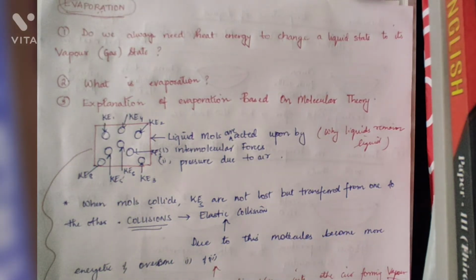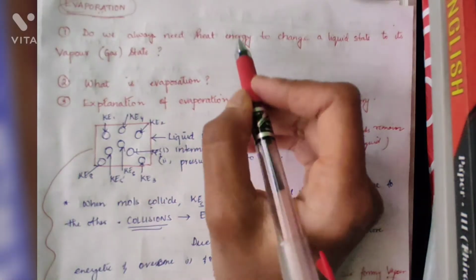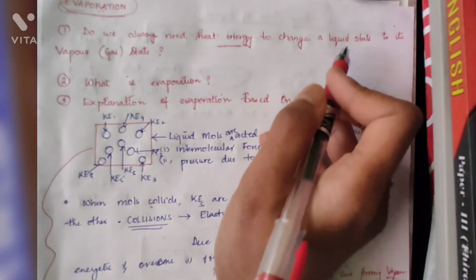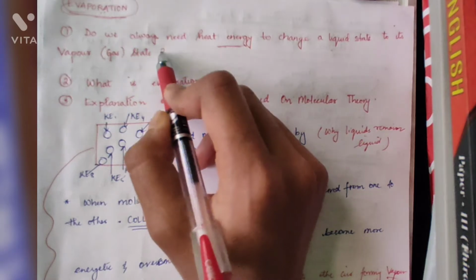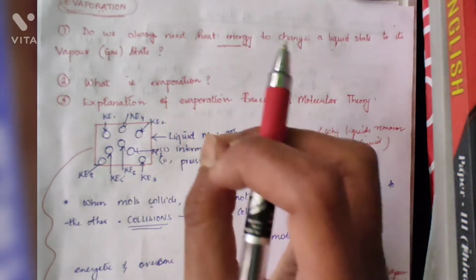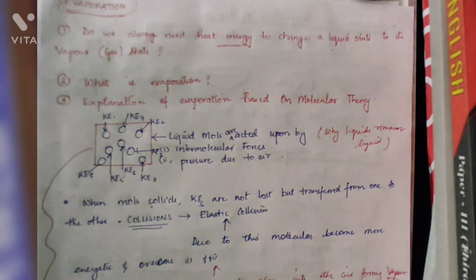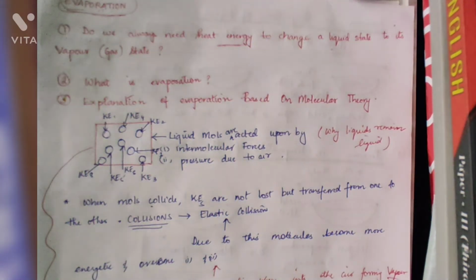So sometimes heat energy is not required to change liquid state into vapor state, unlike last class, where we always had to switch on the Bunsen burner, apply some heat, and only then did the liquid change to gas, right? However, there are some examples in which liquid changes into vapor state without heating. We will see what these examples are.